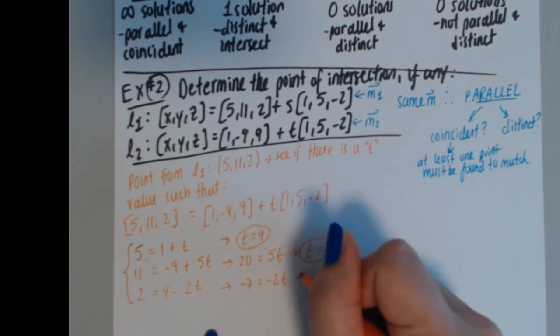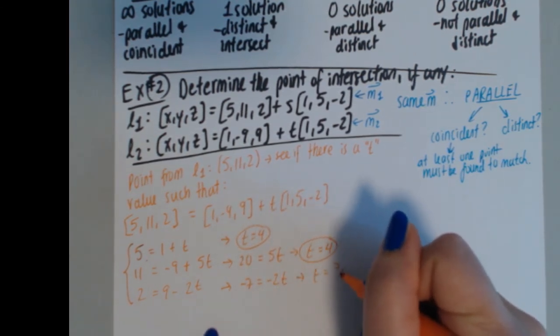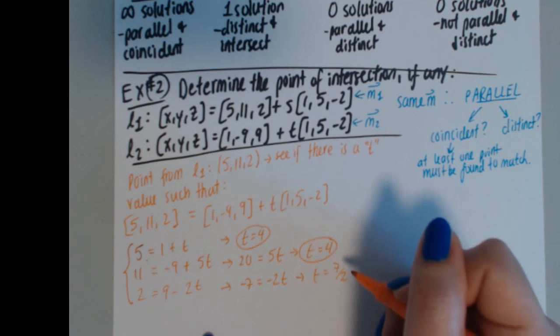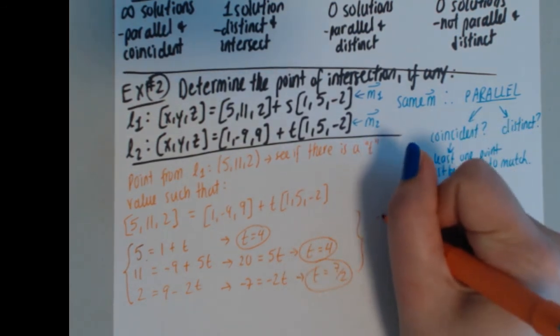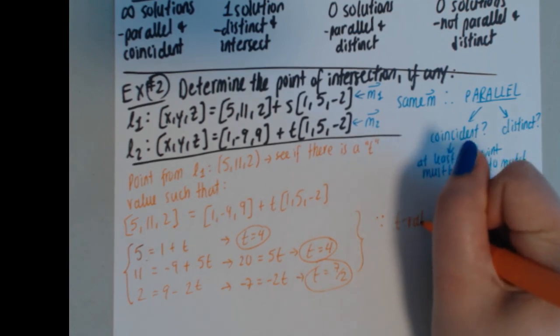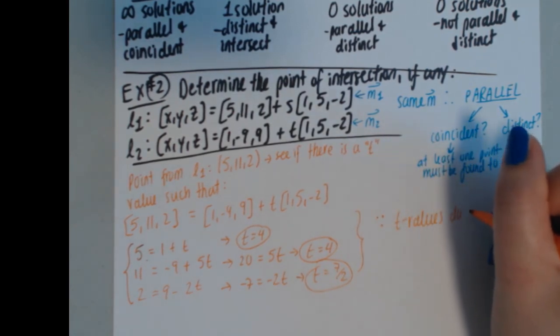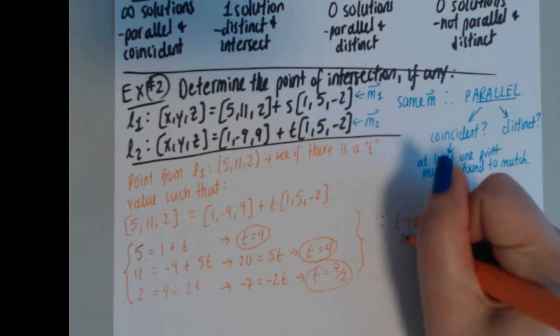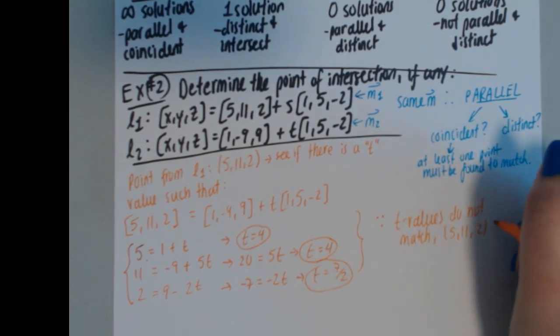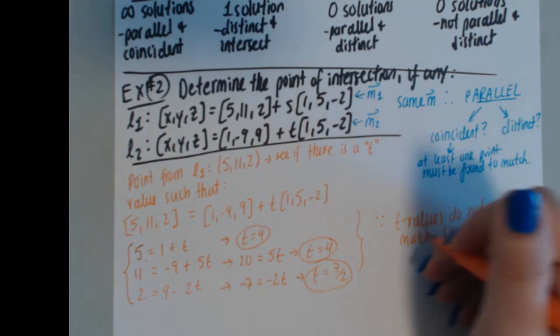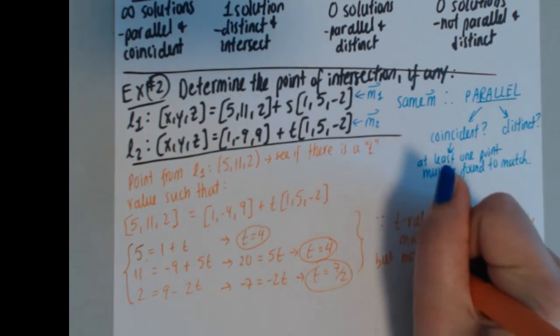The negatives cancel, and I have t = 7/2, or 3.5. Doesn't work, right? So that's a problem. Since the t values do not match, (5, 11, 2) is on L1, but not L2.